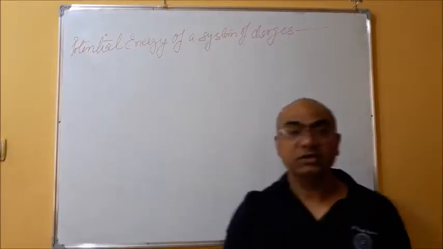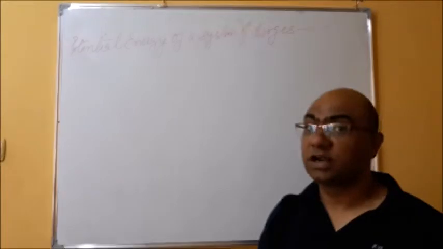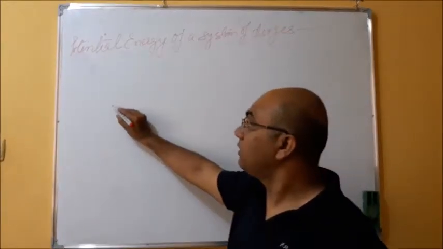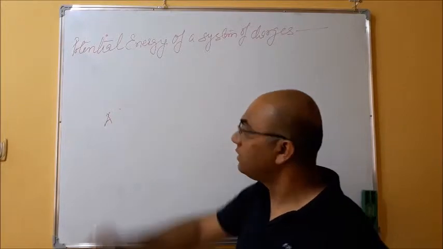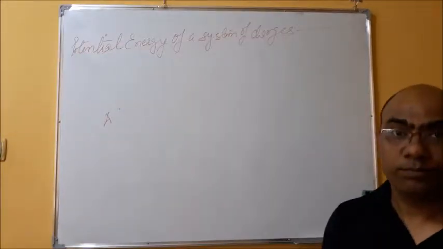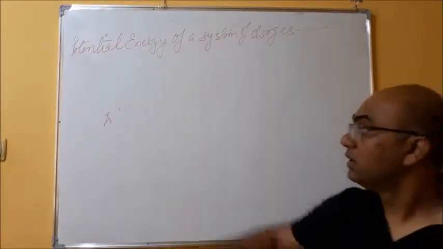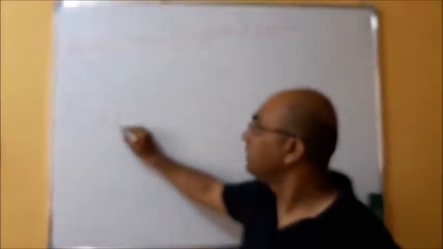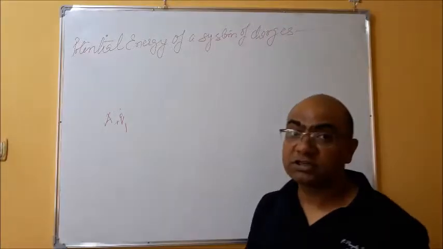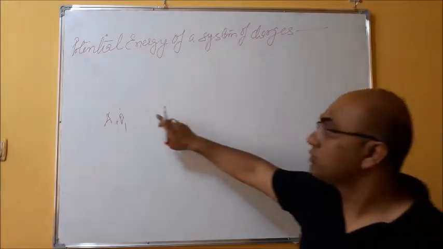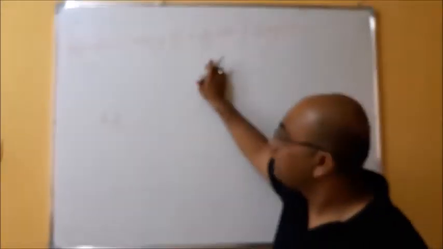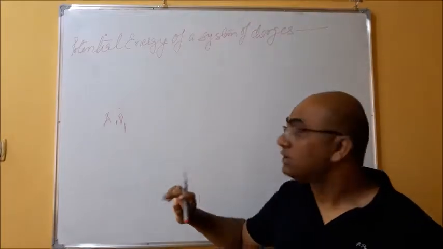We have seen that if we have a single point charge, suppose plus Q1, then what is the value of potential energy? The value is given by UA, because we suppose that we are bringing it from infinity to plus Q1.